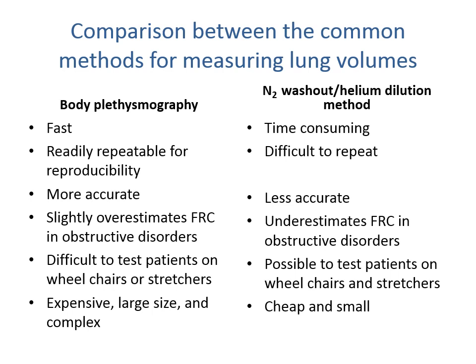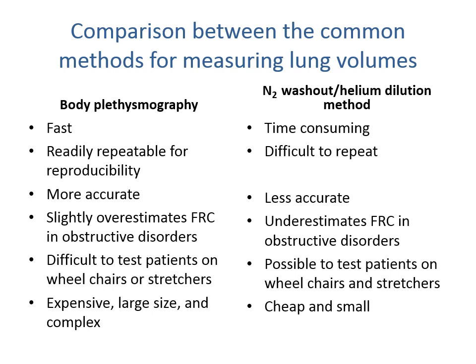And body plethysmography is more accurate, and nitrogen washout and helium dilution is less accurate. Body plethysmography slightly overestimates FRC in obstructive disorders, while here it underestimates FRC in obstructive disorders.